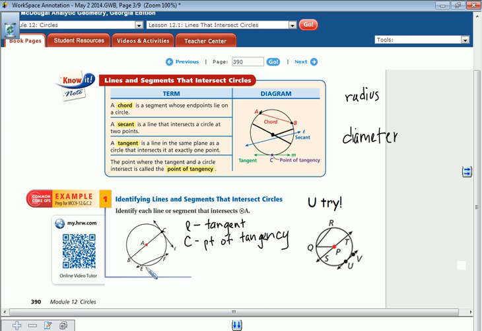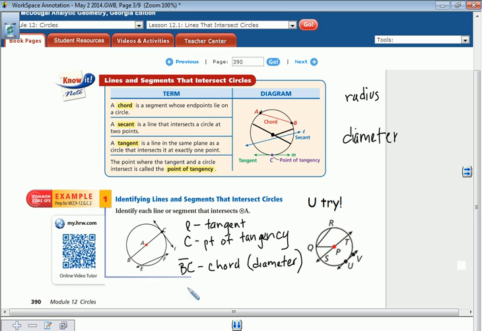Okay, then we have a chord here. We have a chord BC, and BC is not only a chord, but because it passes through the center, it's a special chord that we could also call the diameter. So most specifically, we would name that the diameter.